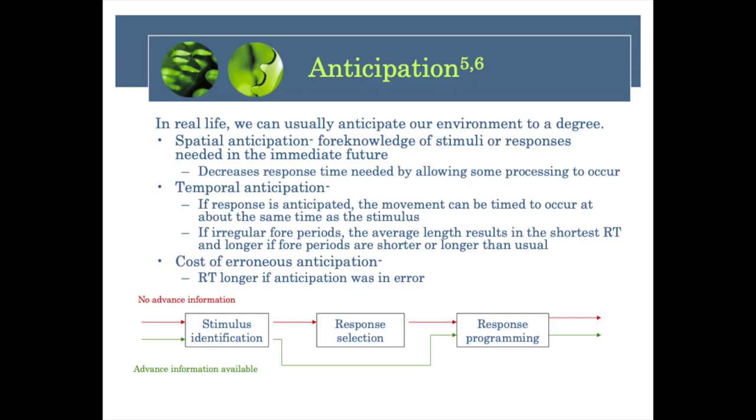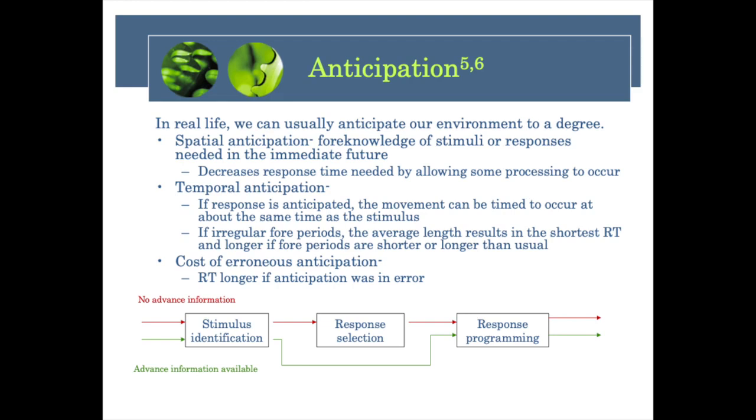So when we think about anticipation, you can see by the figure below that we can potentially skip some parts of information processing. We may still need to identify the stimulus when it's needed, but maybe beforehand we can select a response and potentially even, which isn't in the figure, program a response. It may be that we can't program the response.